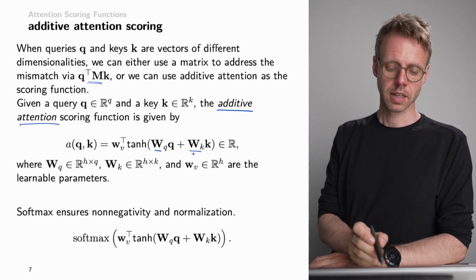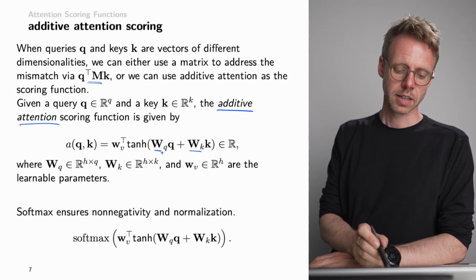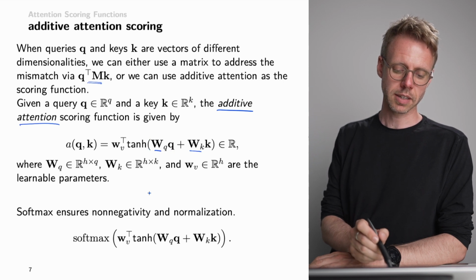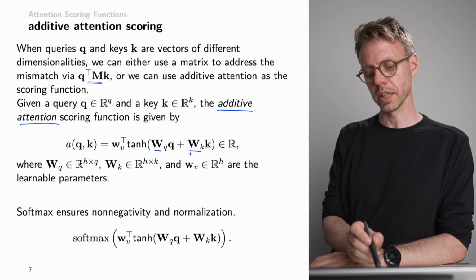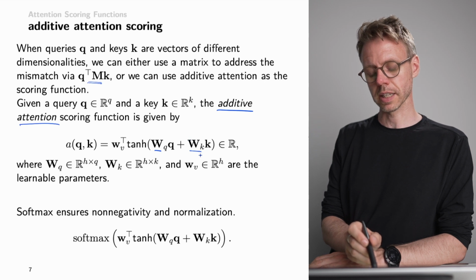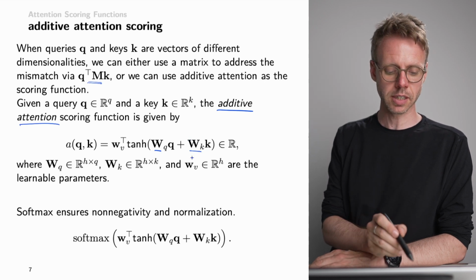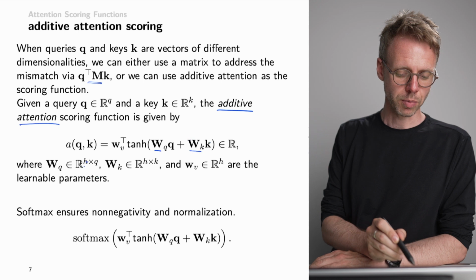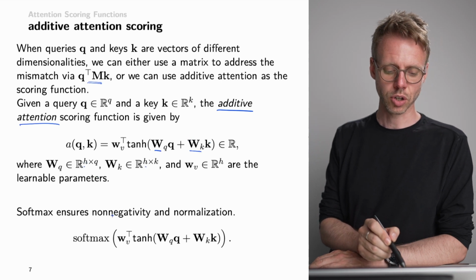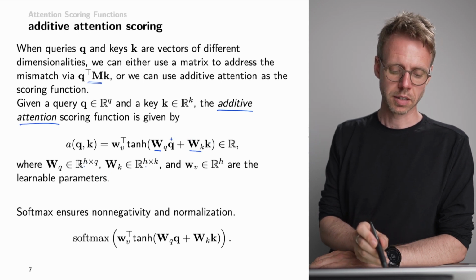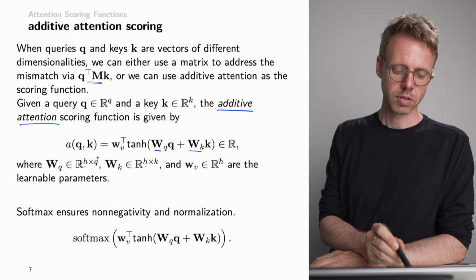And then we compute the inner product between the weights and the queries and add that to the inner product of the weights times the keys. So these two weight matrices need to have one dimension in common, but the second dimension can be different.